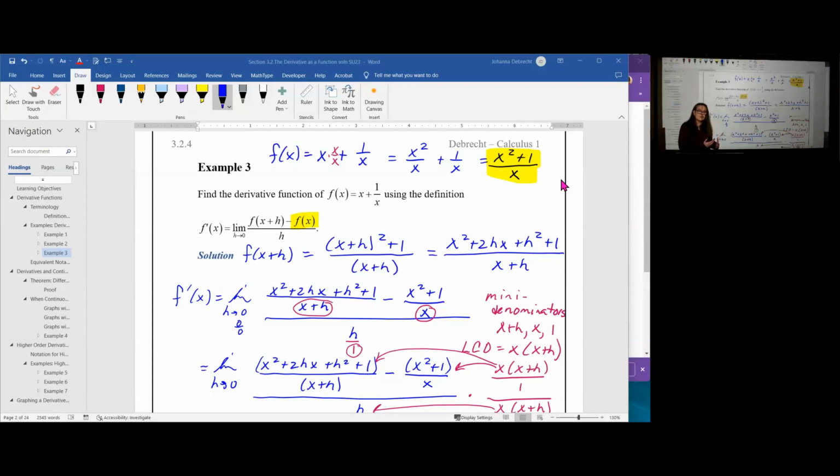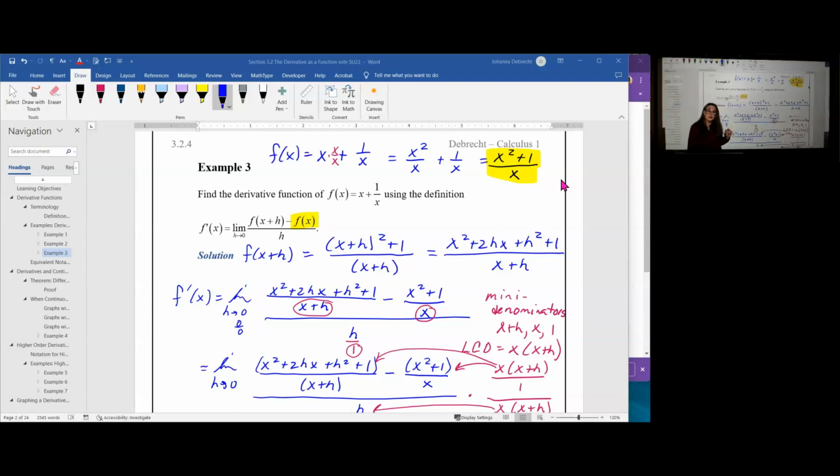If you try to substitute h for 0 or 0 for h, you're going to get the indeterminate form 0 over 0. I don't like the complex fraction, so instead what I do is I look for the miniature denominators. To do that, I need to rewrite the h in the denominator as h divided by 1. The primary division bar is this one here.